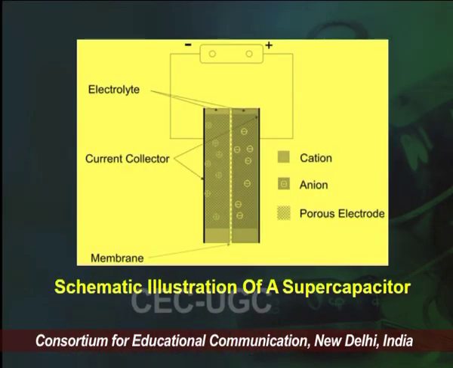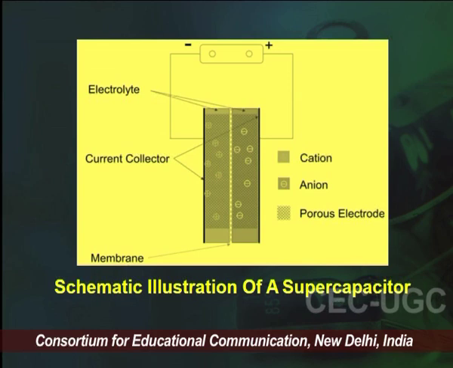Now, you see on the screen, this is the schematic illustration of a supercapacitor. It is very easy to understand. In the previous lecture, we also discussed that the supercapacitor uses two plates. One is the membrane, and it uses two electrolytes, one cation and the second anion, and we use porous electrodes.